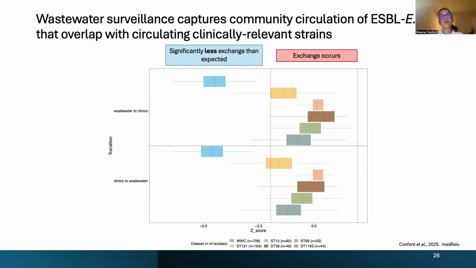And we see that if we consider only these subsets, there is exchange between wastewater and the clinical settings. And so this means that what we find in the wastewater captures community circulation, because these are community circulating strains, which in addition are also clinically relevant. And so we are very happy with that.